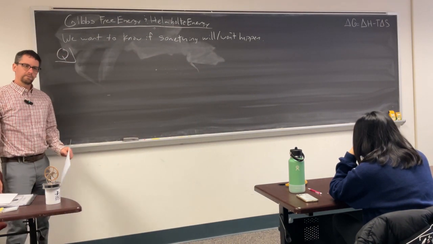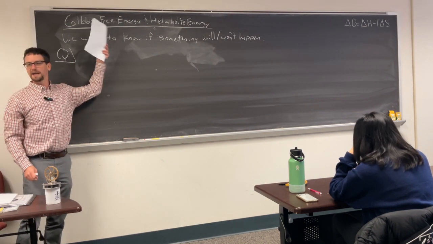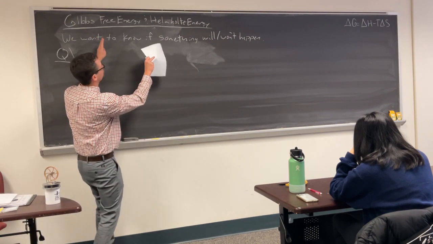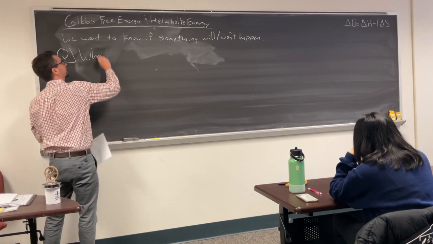We're going to try to think fundamentally of what we would need to consider. Not these two things. Yeah, we can look at those and we can get that. But fundamentally, what are we talking about here when we're considering Gibbs free energy? So what properties should we consider?